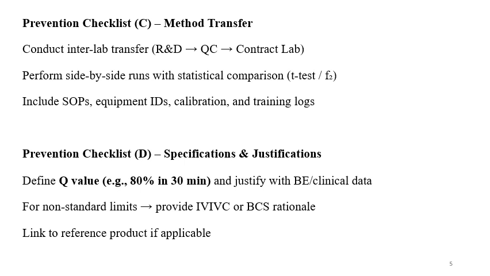Prevention checklist D. Specification and justification. Always give the specifications as per the regulatory requirements. For example, if your product is immediate release and it is containing a highly soluble drug belonging to BCS class 1 or 3, then you should justify it based on the dissolution, that is rapid or very rapid, and specifically it will come with the Q point of 80% in 15 minutes or 30 minutes.